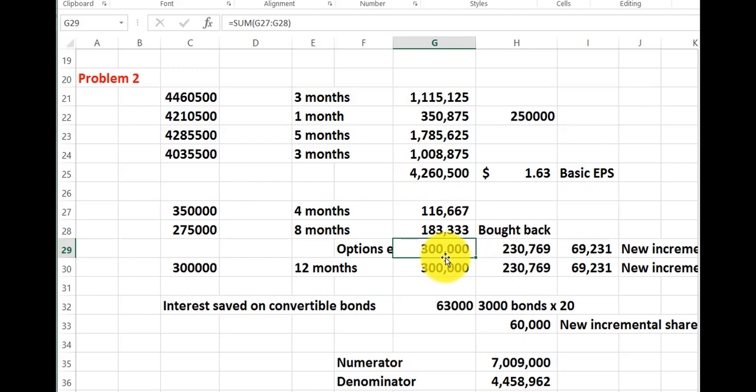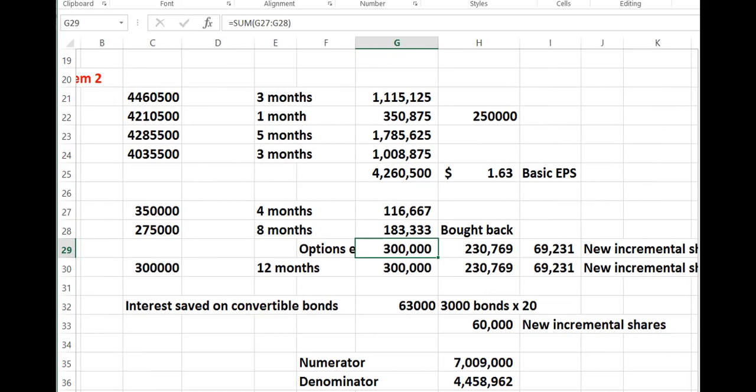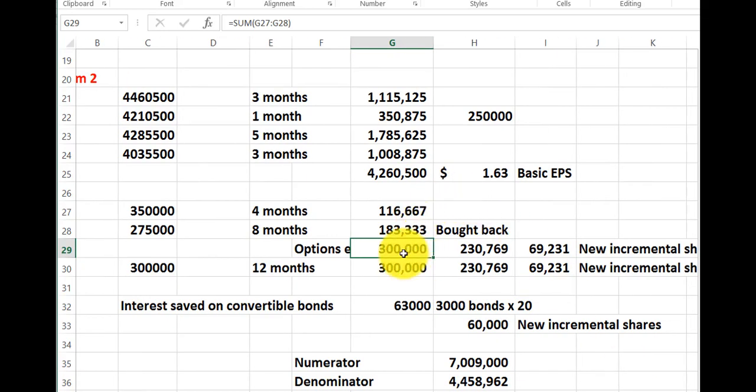So how do we deal with that number of options? We treat them using the treasury stock method, which means we assume that they get exercised, and that we're going to use the money we receive from that exercise to buy back stock.